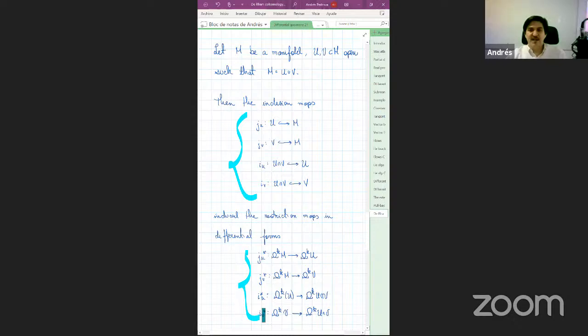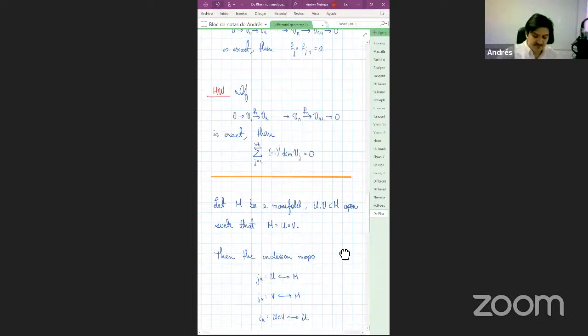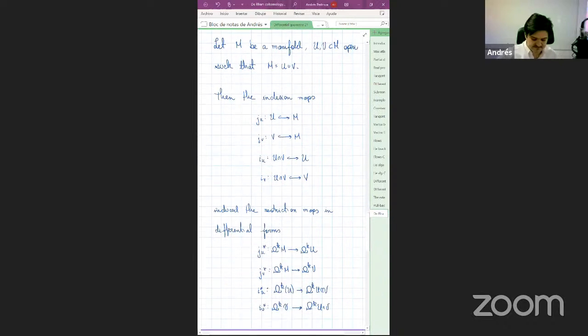I have a differential form on M, and this map corresponds to restricting my differential form to the open set U. And similarly for the other three maps. They are all restriction maps.